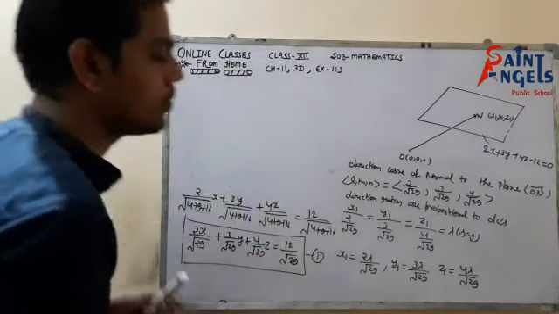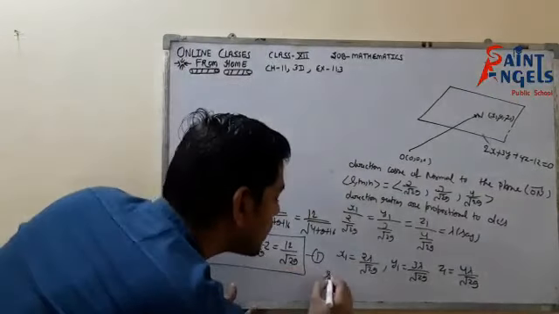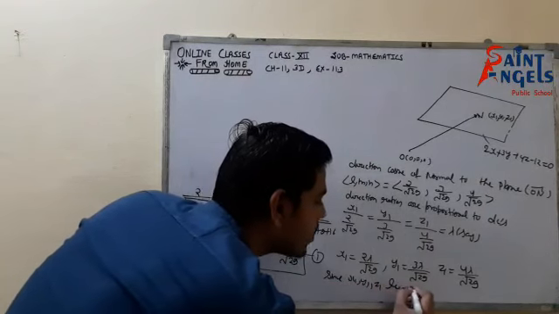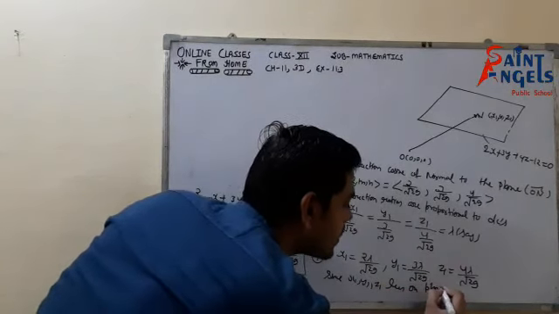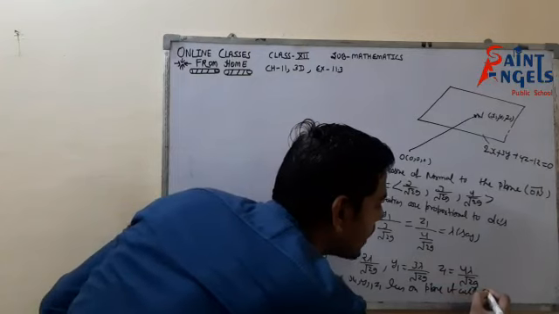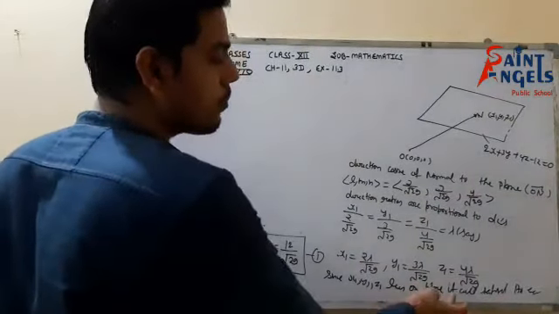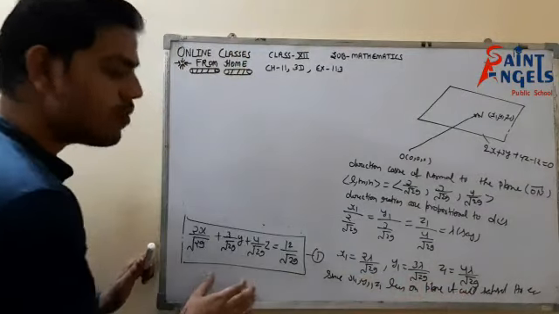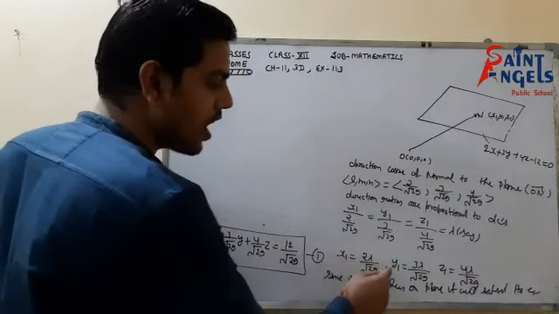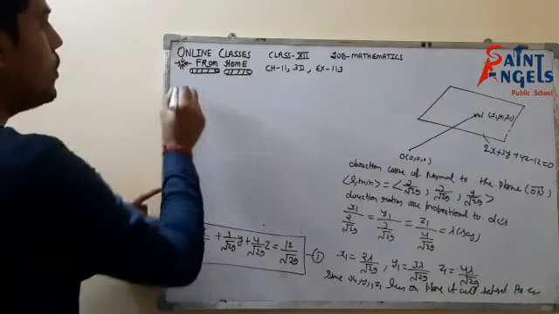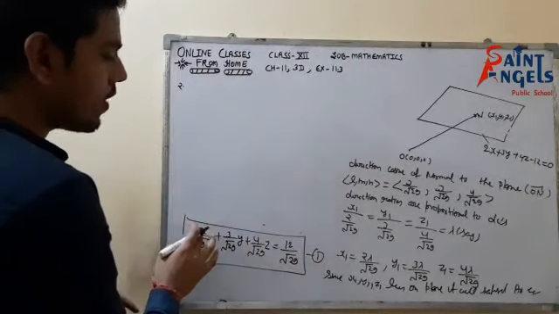Okay. So now, since x1, y1, z1 lies on the plane, it will satisfy the equation of plane. So we will put the value of x1, y1, z1 at the place of x, y and z. So now the equation of plane would be 2 into, at the place of x, the value of x1.